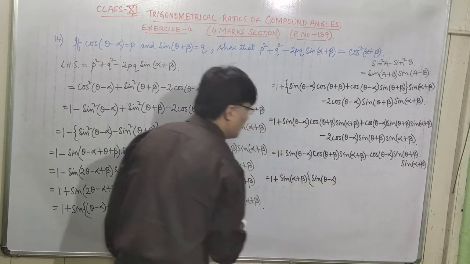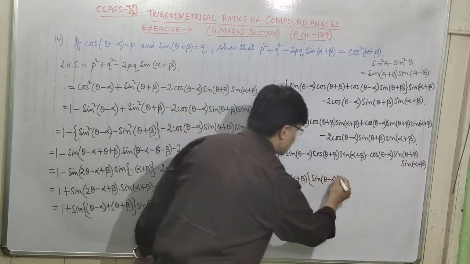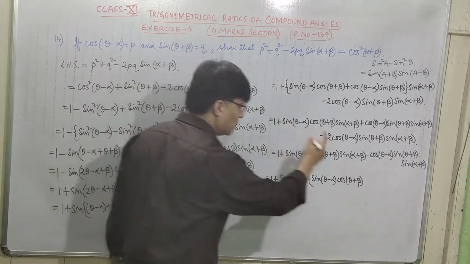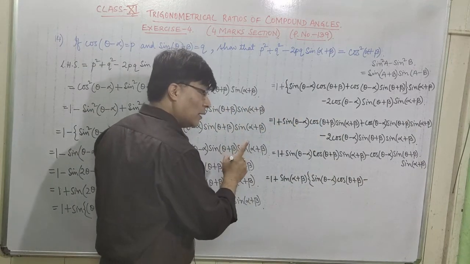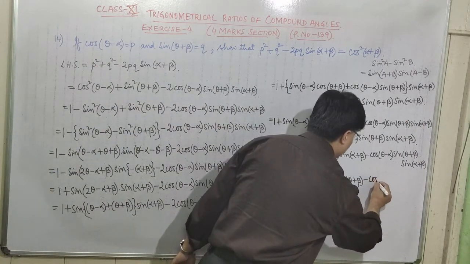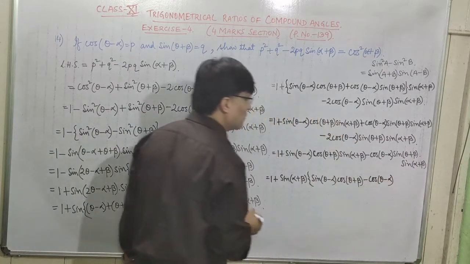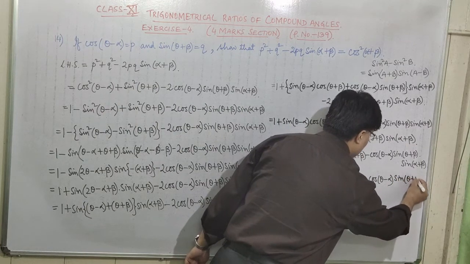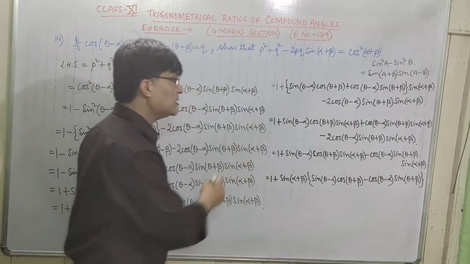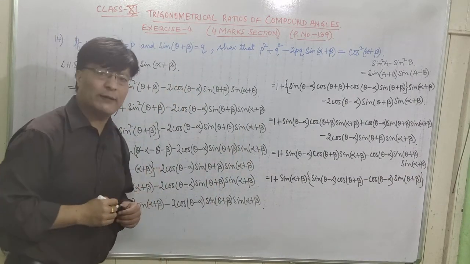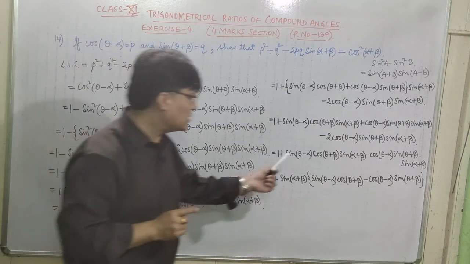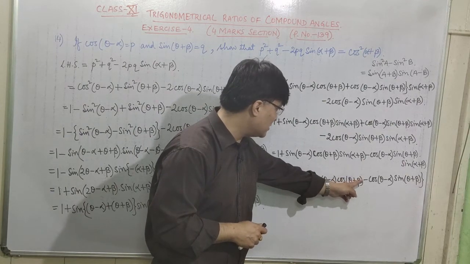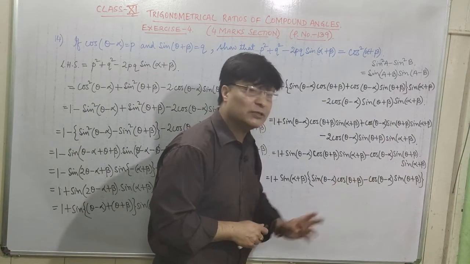Sine theta minus alpha cos of theta plus beta, then minus cos of theta minus alpha sine of theta plus beta. So in this case, sine of alpha plus beta is taken common from this second and third term. So what do we get? Sine theta minus alpha cos theta plus beta minus cos of theta minus alpha sine of theta plus beta.